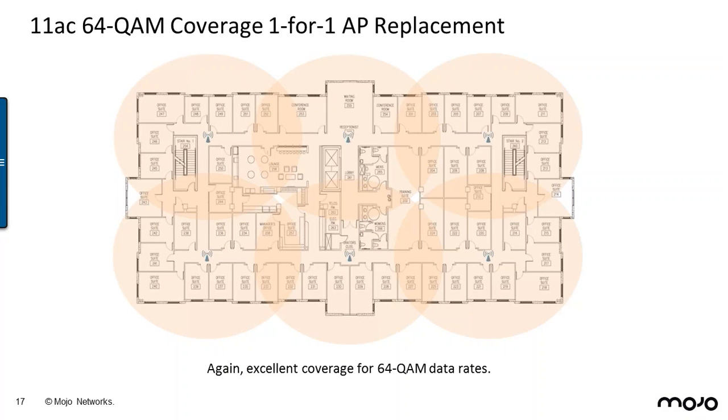If the 11N network was designed for 5 gigahertz and for 64 QAM coverage everywhere, then with a 1-for-1 replacement, you'd get the same type of coverage, more or less, with 11AC.